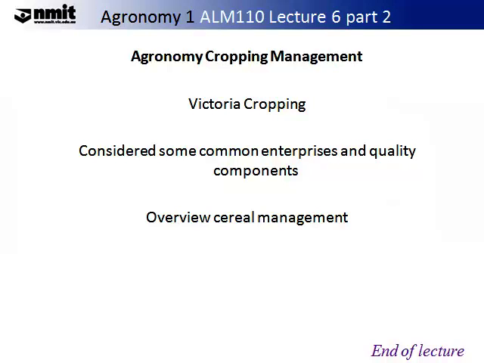We overviewed information and resources and where we can obtain this information for these varieties. And finally, we gave an overview of the cereal management concepts such as enterprise mix, critical risk, and basic management criteria like conventional versus no-till versus drill. This brings us to the end of this lecture.